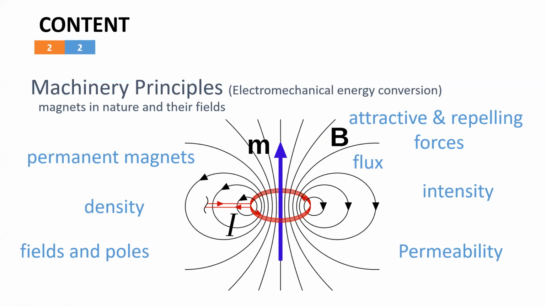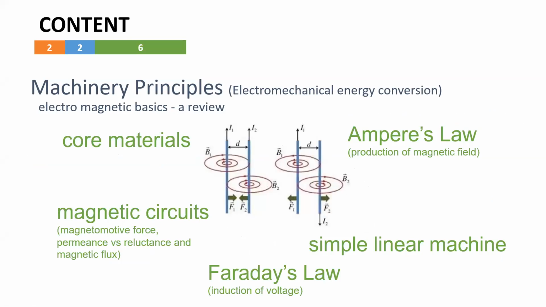And attractive and repelling forces, flux intensity, permeability. I believe you have learned these things under electricity and magnetism. So we are going to have a review on these theories, which are essential to understand the machinery principles.